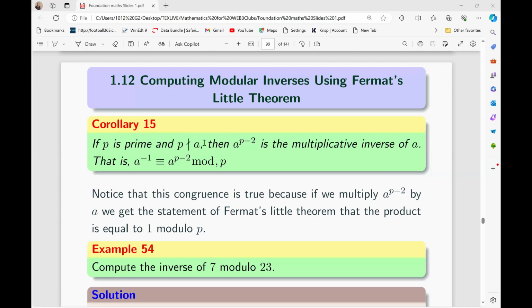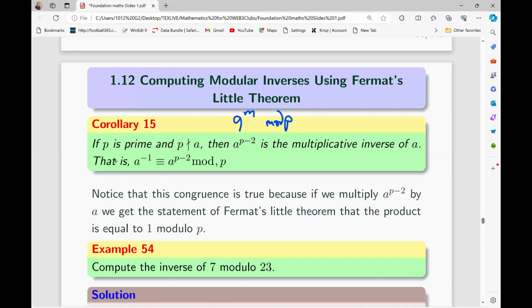Now, yesterday we looked at Fermat's little theorem, how to use it to get remainders. Basically, we were getting remainders whenever we had something like 9 raised to a number, mod a prime number.